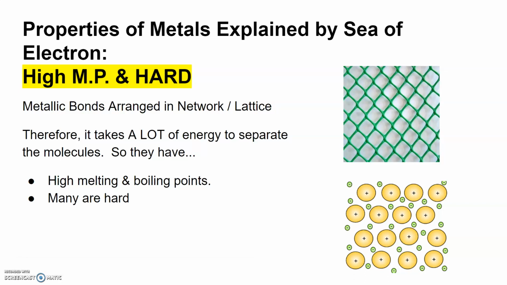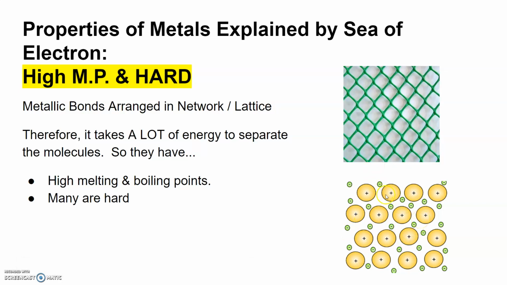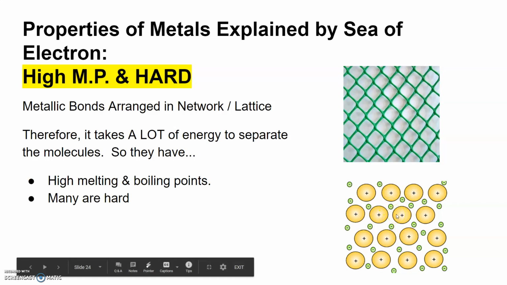The last property we're going to talk about is the high melting point and the hardness of metals. So many metals are hard, many metals have high melting points. Why is that? It's because if you look at the metallic bonds, they're arranged in a lattice or a network. You can think of it as if you draw lines through the cations, connecting them, they have this network arrangement. And in between each cation, you have the sea of electrons holding those metal cations together.